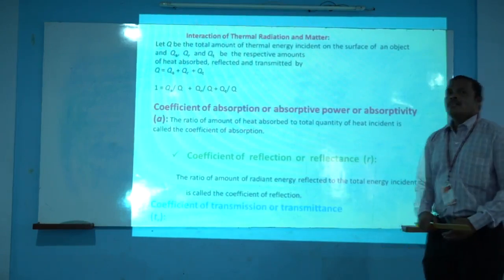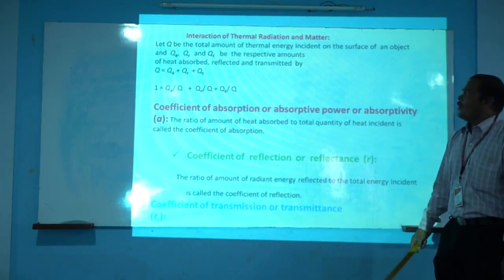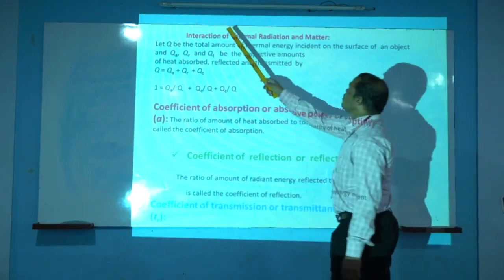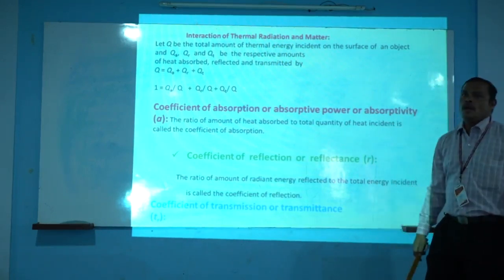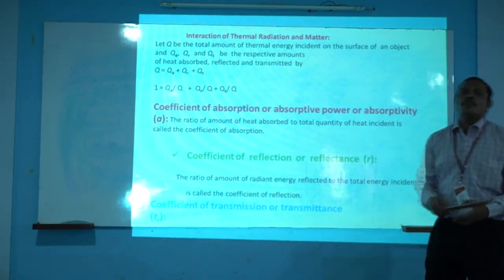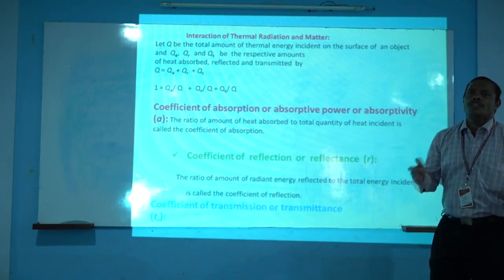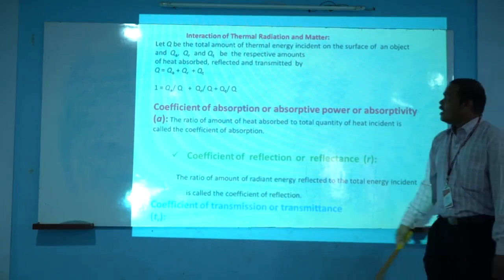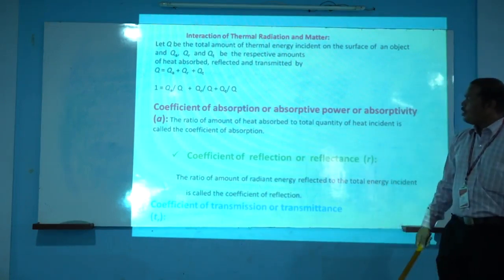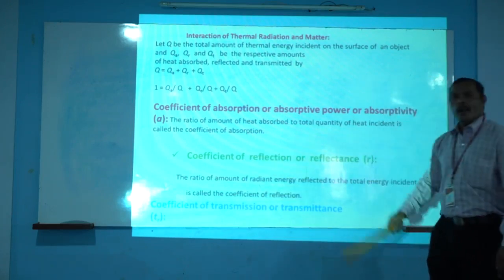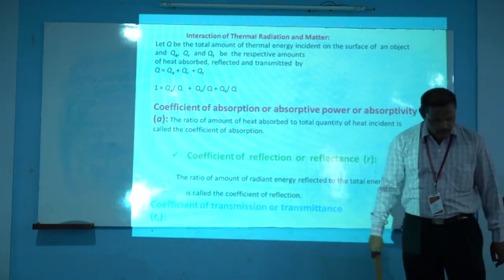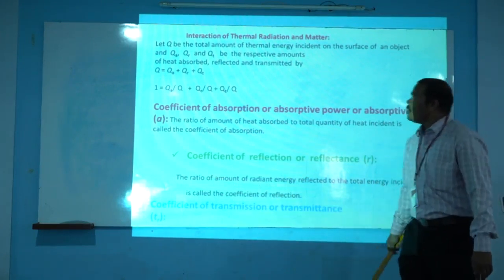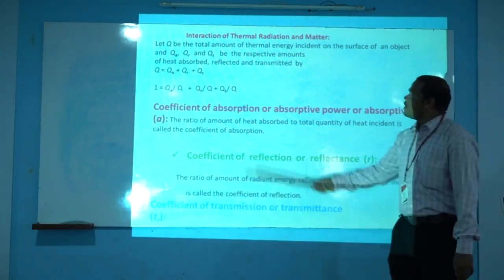Next, the first point in the topic is the interaction of thermal radiation and matter. From the examination's point of view, the question may be asked like this: define coefficient of absorption, define coefficient of reflection, define coefficient of transmission, and derive the relation between the three coefficients.